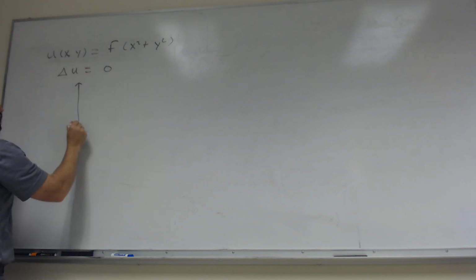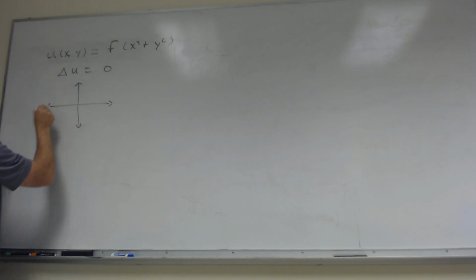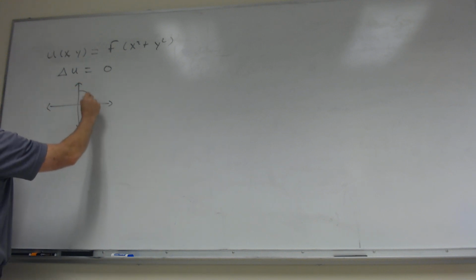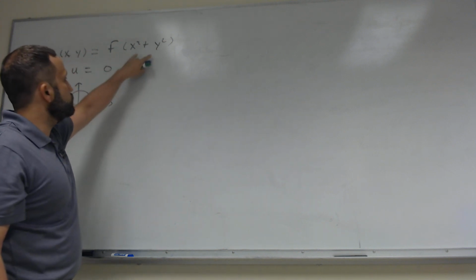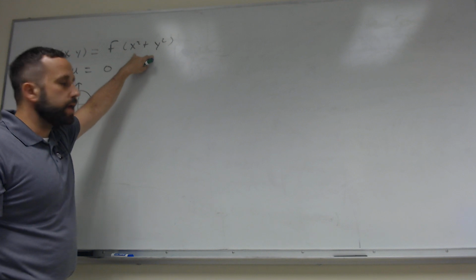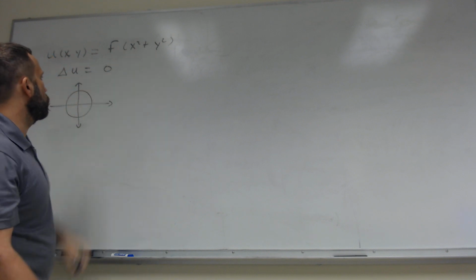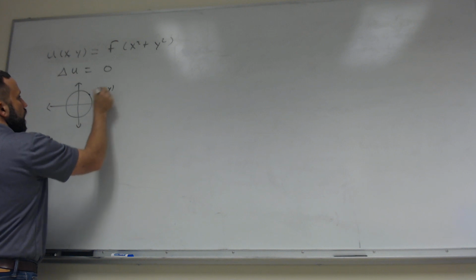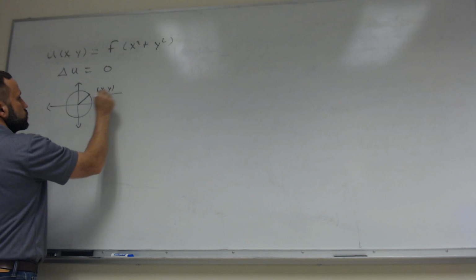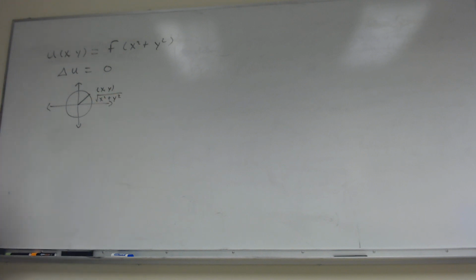Okay, so again, I just want to explain a little bit more about what I'm talking about. When I say it's invariant under rotations, notice the only information that f is being fed about the point x and y is the point's distance from the origin. So if this is my point xy, the distance from there to there is the square root of x squared plus y squared.